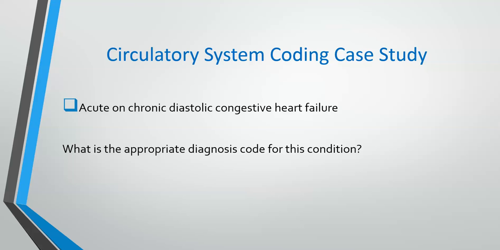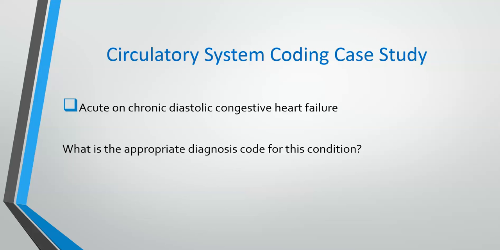You want to go to failure, heart, diastolic, and then acute on chronic is I50.33. You want to reference I50.33 in the back of your ICD-10-CM coding manual just to make sure that you have all of the required codes or characters for that specific code. So I50.33 says acute on chronic diastolic heart failure, so we know we have the correct code.